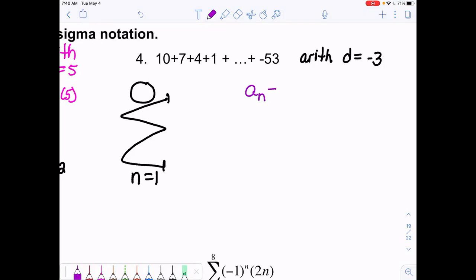So Gabby said arithmetic. And when it's arithmetic, you start with the first term. The n minus 1 is a quantity being multiplied by the difference of -3. And again, that's being multiplied. The addition sign is separating the first term from the quantity n minus 1.